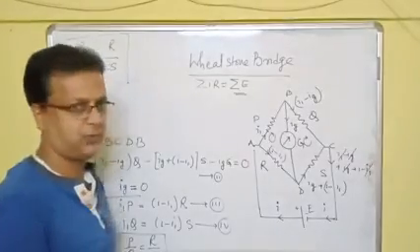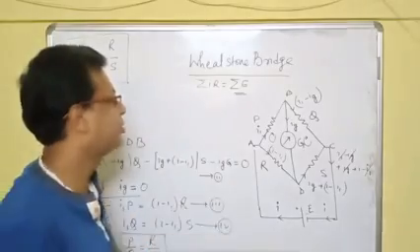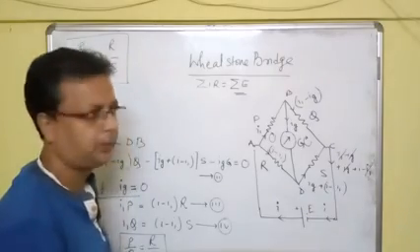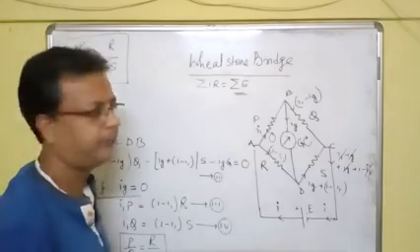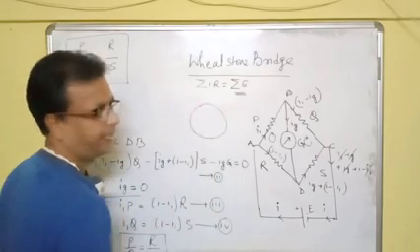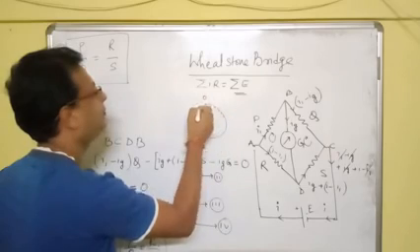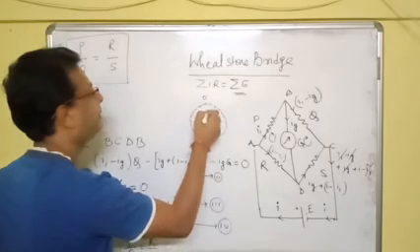Now what is a balanced Wheatstone bridge? A balanced Wheatstone bridge is a bridge in which no current flows through the galvanometer. In other words, the galvanometer will show no deflection. The galvanometer is an instrument like this. It is marked 0 here and divisions 1, 2, 3, 4 like this, and you have a pointer here.